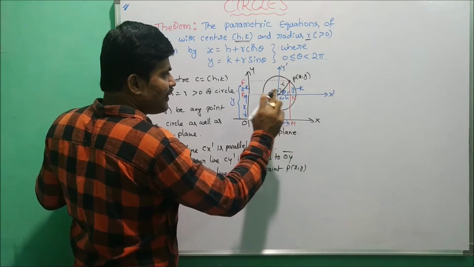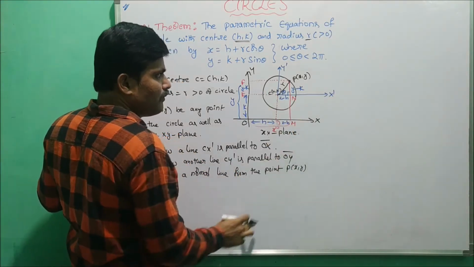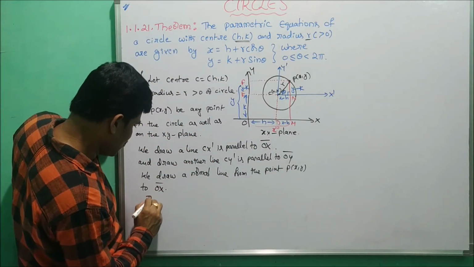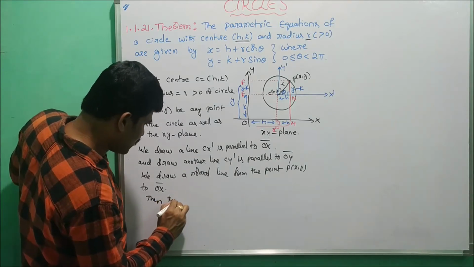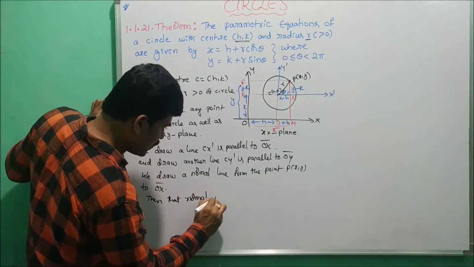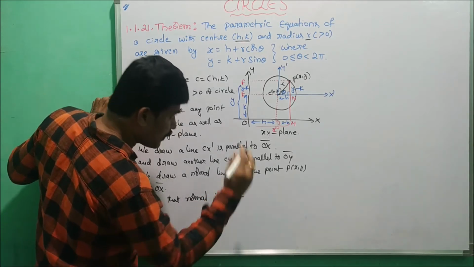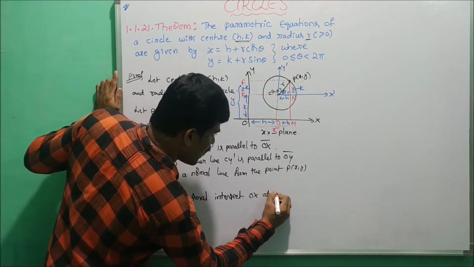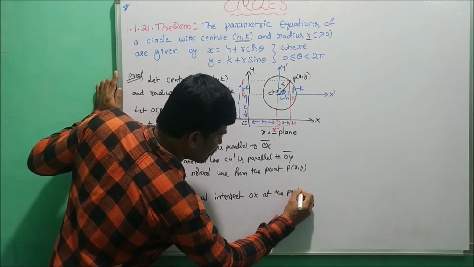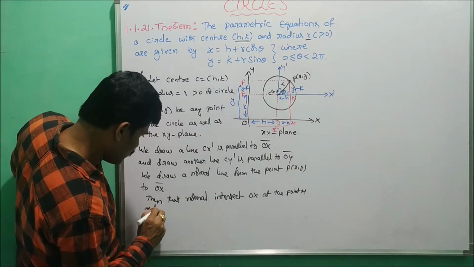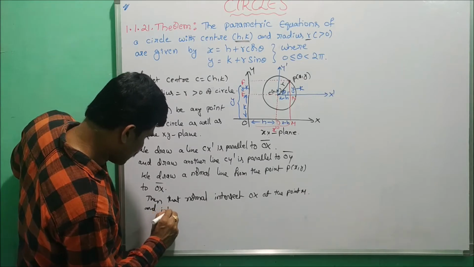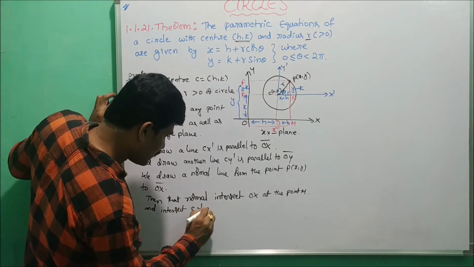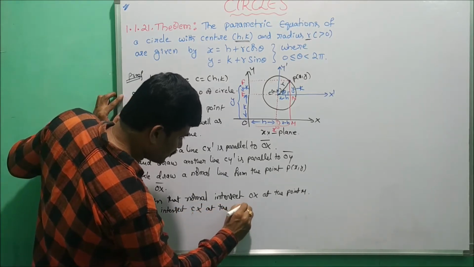Clearly, this normal line intersects OX at the point M, and at the same time intersects CX dash at the point N.